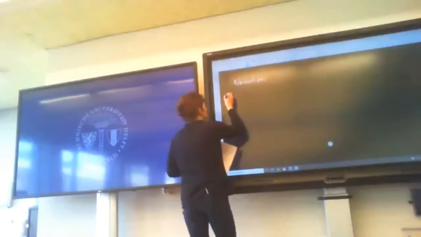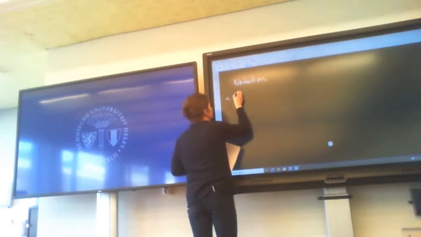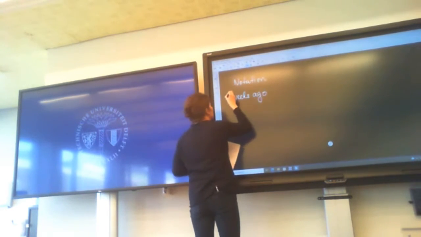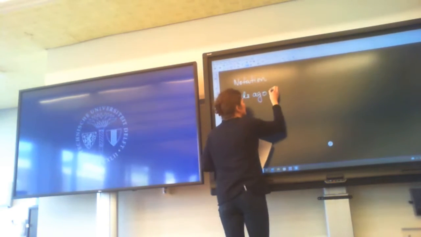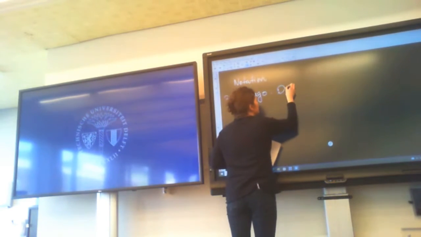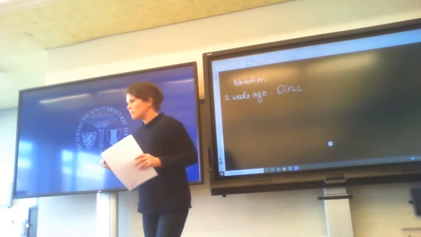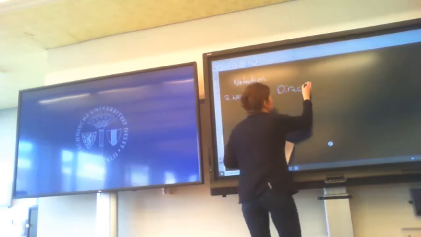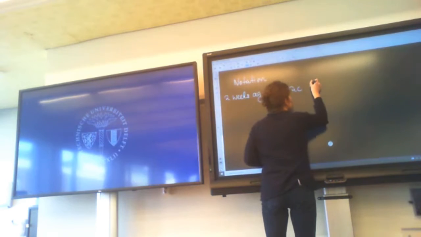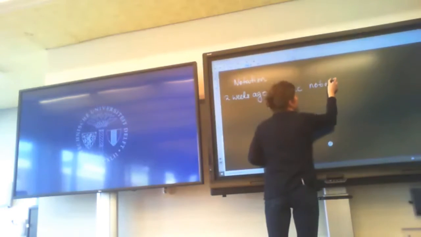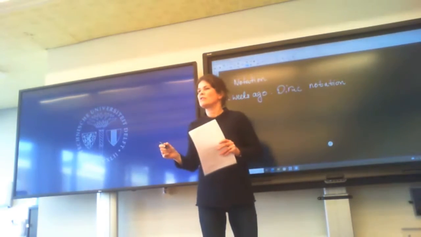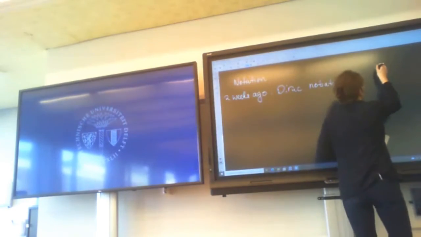So 2 weeks ago, we mentioned already that we mostly work, occasionally we use wave functions, but most of the course is written down in Dirac notation, because it's more convenient. So for example, if you have a system of bosons, let me just draw some levels.